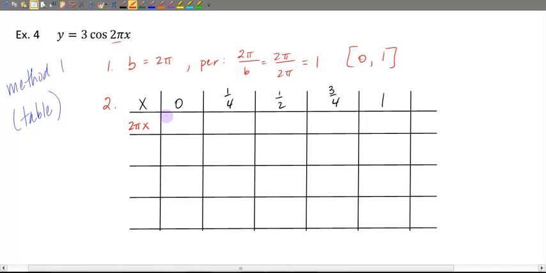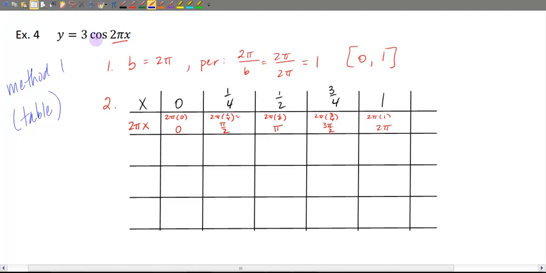So in other words, I'm going to say 2 pi times 0, and that gives me back 0. 2 pi times 1/4, that's going to give me pi over 2. 2 pi times 1/2 gives me pi. 2 pi times 3/4 gives me 3 pi over 2. And then finally, 2 pi times 1, I get 2 pi.